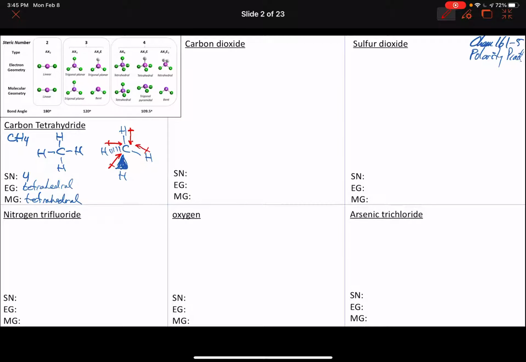So we're going to see that there is no net vector to describe the overall molecular dipole. So there's no net molecular dipole here. And so we will call this molecule nonpolar.